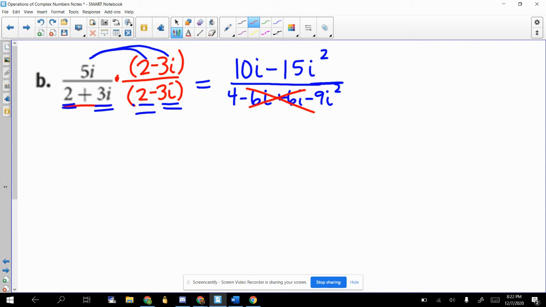Okay, so now let's go ahead and simplify and plug in -1 for our i squareds. So -1 there and a -1 there. And so we're going to get 10i minus 15 times -1. So that's going to be 10i plus 15.